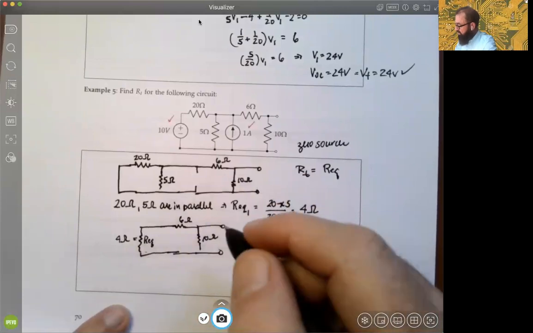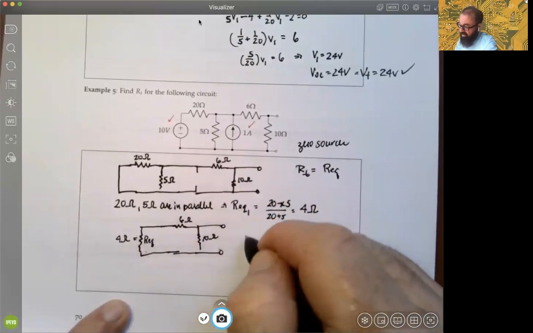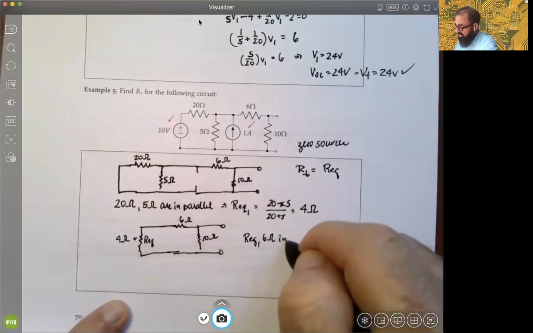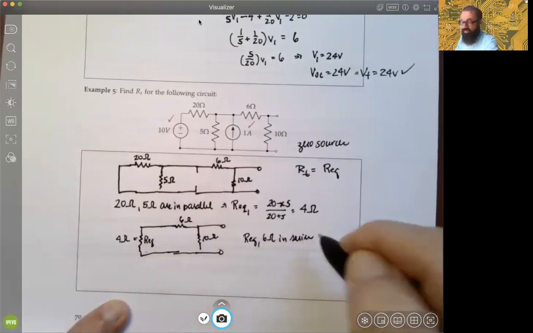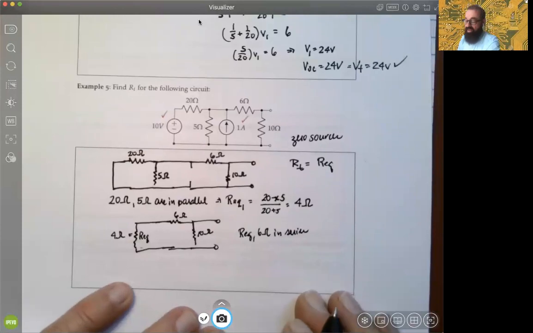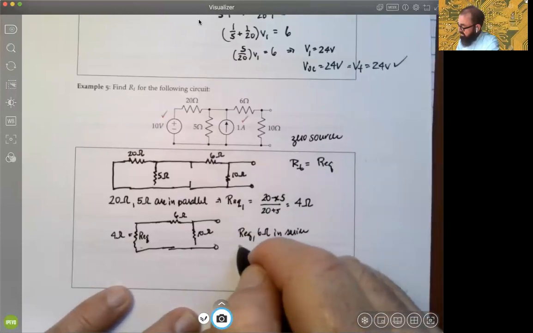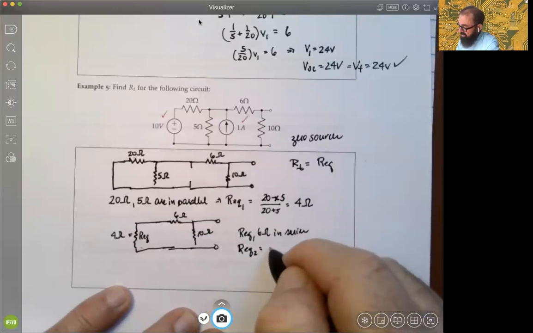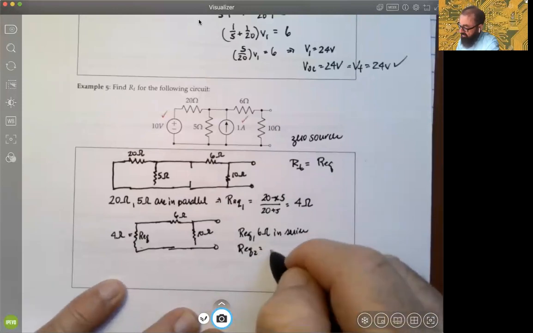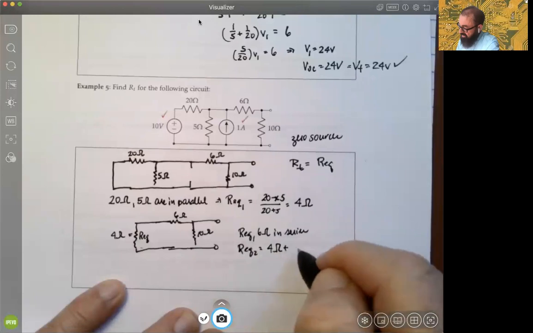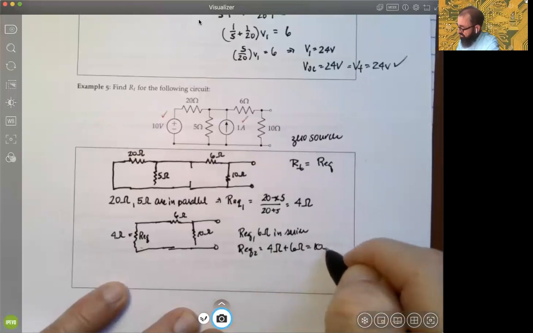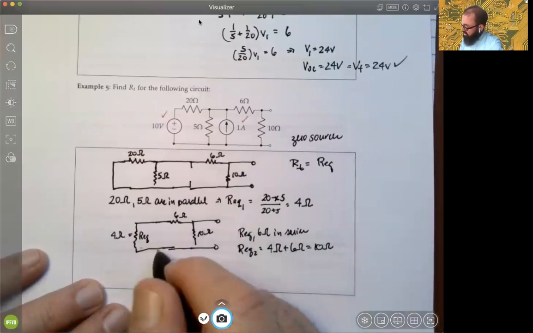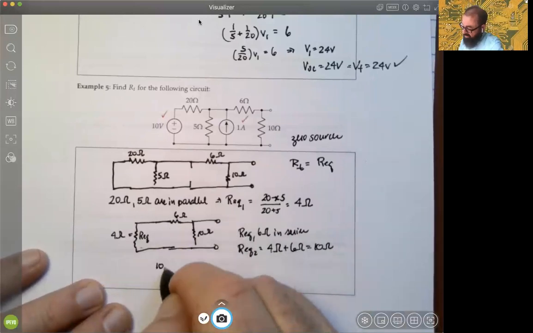So our second equivalent is just reflecting the fact that REQ1 and the 6 ohm are in series. And so that equivalent, REQ2, would have to be the sum, right? So that'll be 4 ohms plus 6 ohms, and you would get 10 ohms. So these two would collapse into 10 ohms. So you could even write that here as 10 ohms.